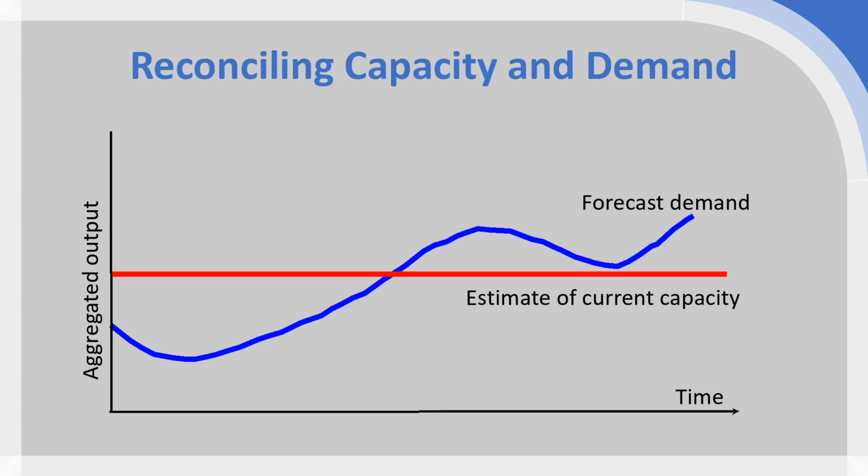And the red line is your estimation of your current capacity. So we also have an appropriate measurement of capacity, and we have an accurate count of our present capacity within the operation. So we've got two different measurements here: forecasted demand and current capacity, and what we need to do is to try and reconcile them as closely as possible.